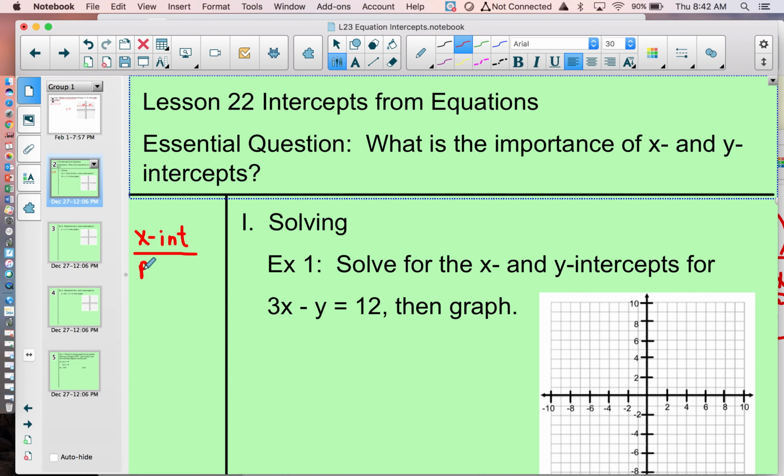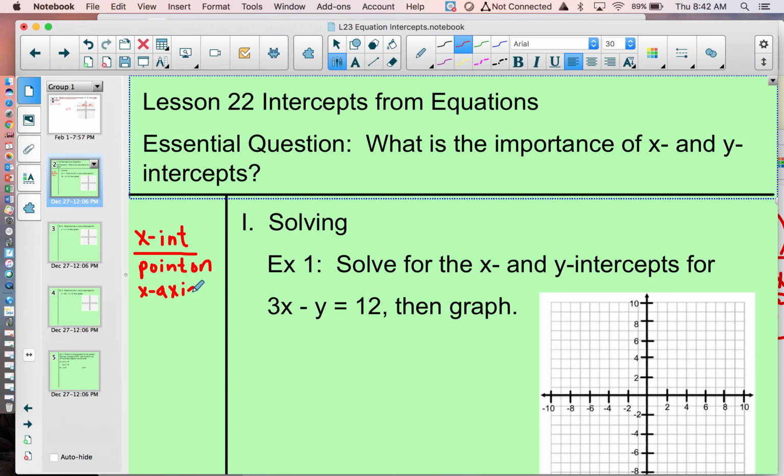It's a point, and it's on the x-axis. Nothing super fancy. It's just a point on the x-axis, right?